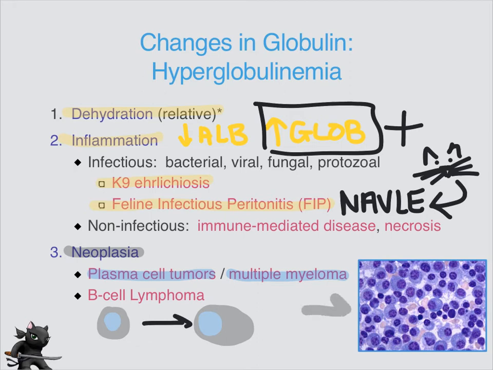It's a cytology from a spleen, and these are all little itty-bitty plasma cells that are neoplastic. They're like, we're making lots and lots and lots of ourselves. Remember that these guys, their major job is to make antibodies. Antibody, antibody, antibody. And they secrete this in large volumes, and this is what increases our globulin fractions in these patients.